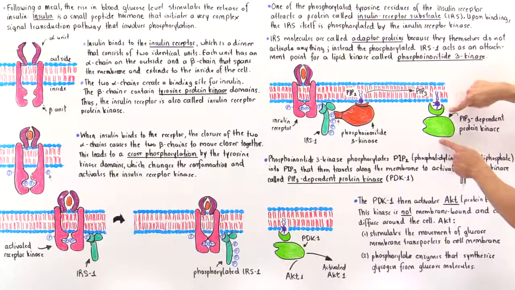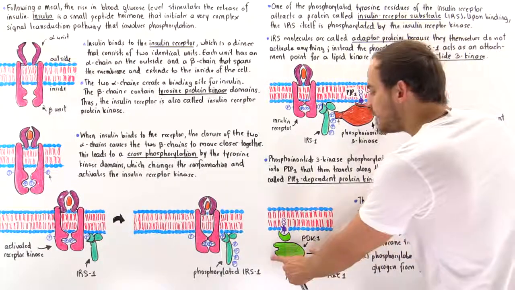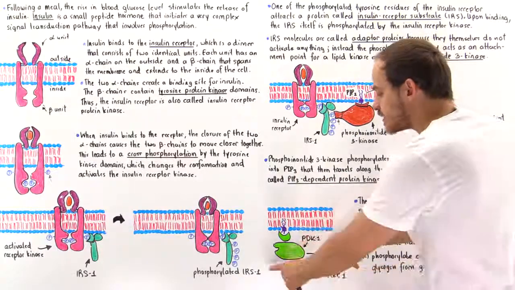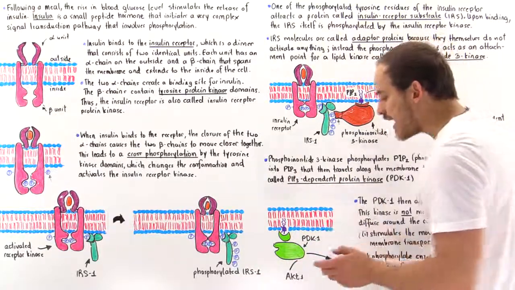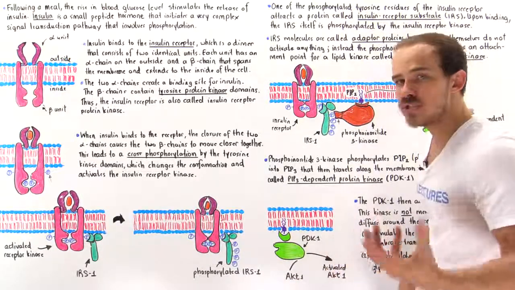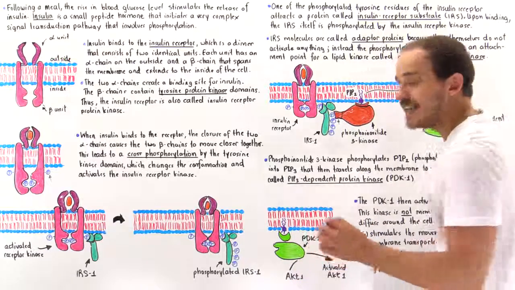So this is PDK1. And once PDK1 is activated by the binding of the PIP3, it goes on and activates this structure here, which is the inactive form of protein kinase B, also known as AKT.